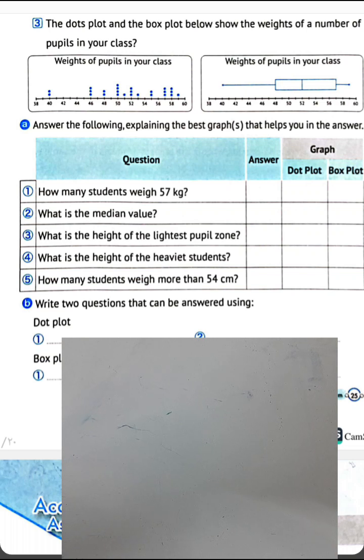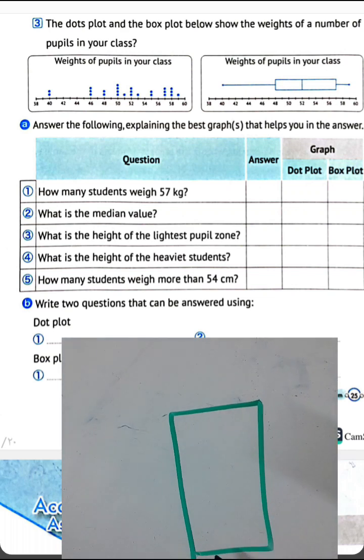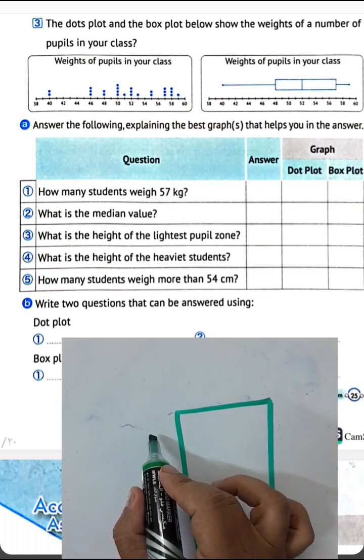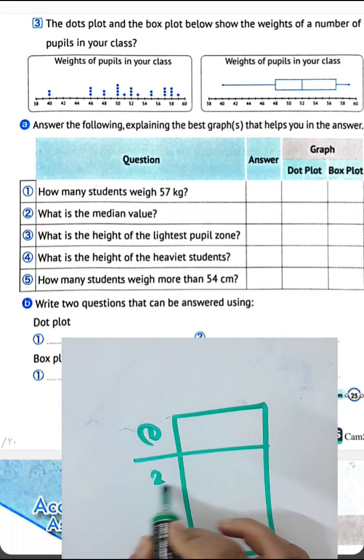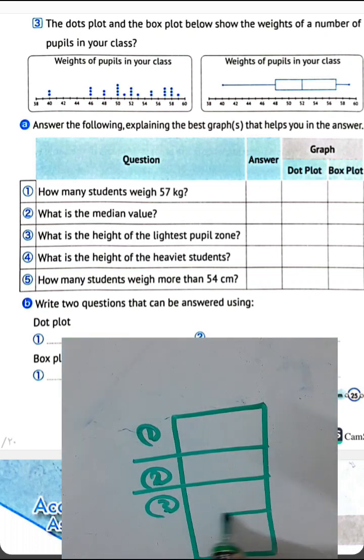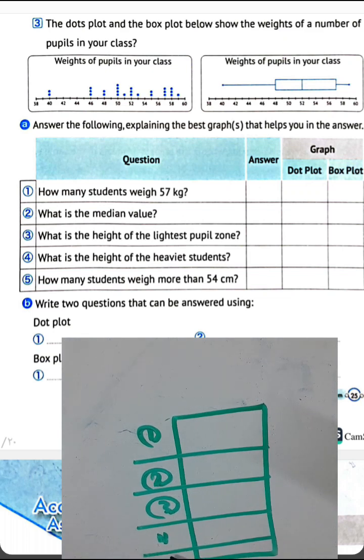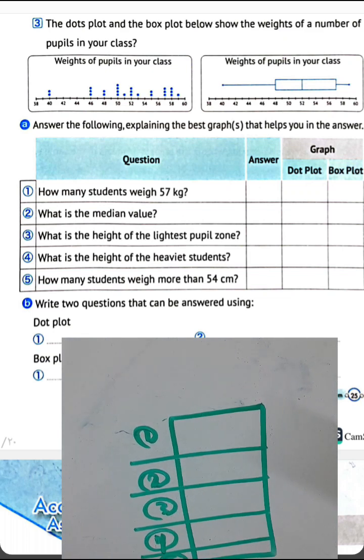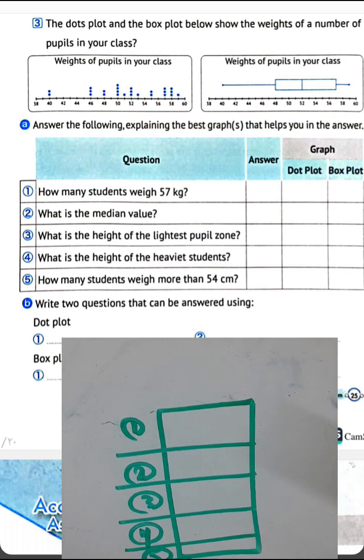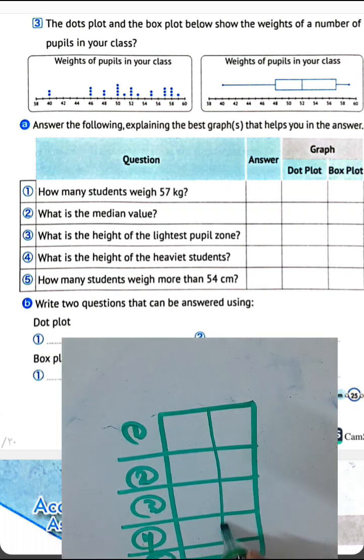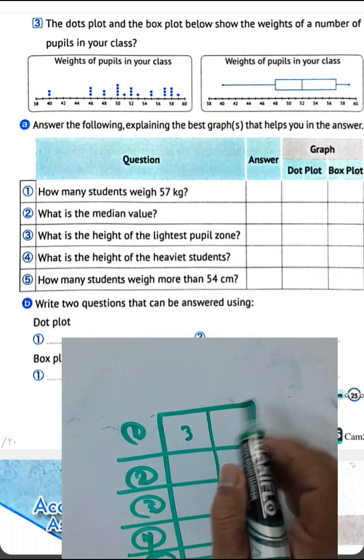Using the dot plot, the result will be 3. In 57 here we have 3. Okay, write your answer in the first table, in the first question: question 1, question 2, question 3, question 4 and 5. Okay, the result will be 3, and we must use the dot plot.